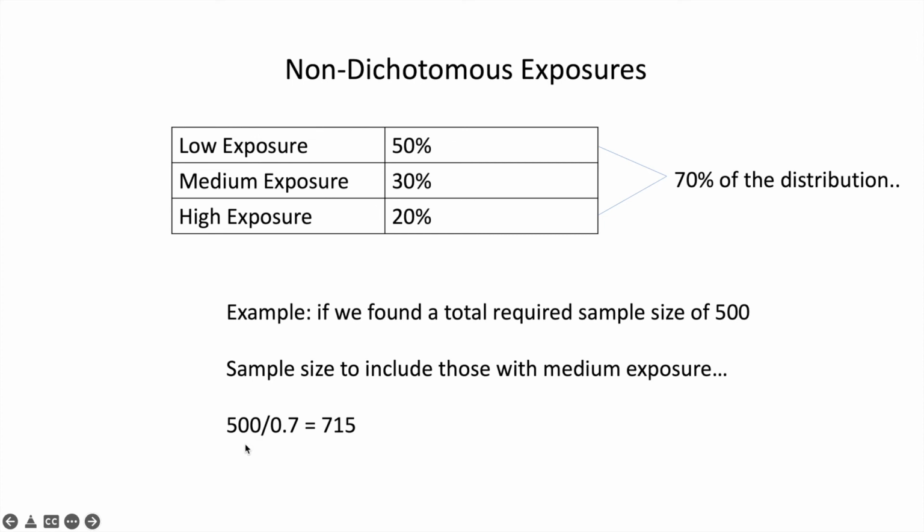So we do that by dividing by 0.7. It's basically saying, 500 divided by what is 70%. That's basically what this was rearranged to, and the what was 715. So if 500 is 70% of something, we figured out that something is 715. So that's what our total population would need to be.